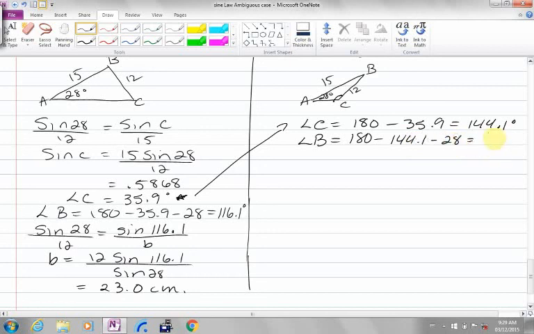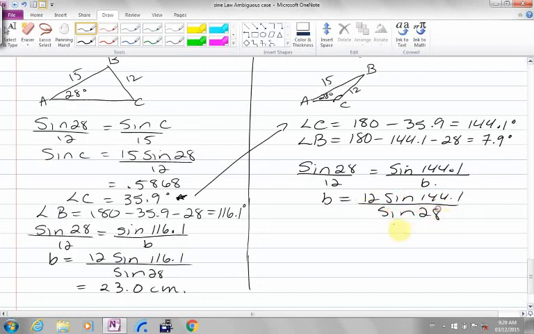So angle B works out to be 7.9 degrees. Very small, right? And then all we're left to do now is to find side B again. So sine of 28 is to 12, as the sine of 144.1 is to B. So B is 12 sine 144.1 divided by sine 28. B works out to be 3.5 centimeters.